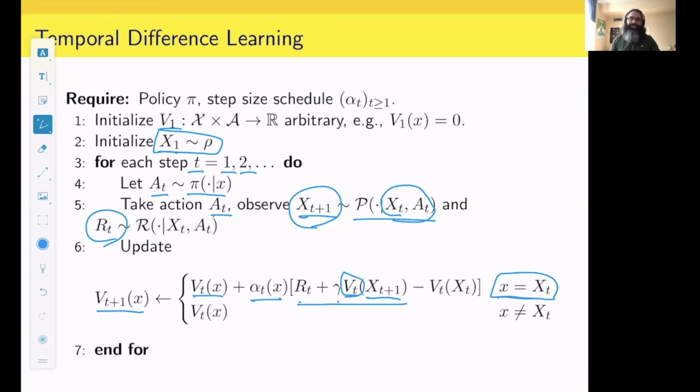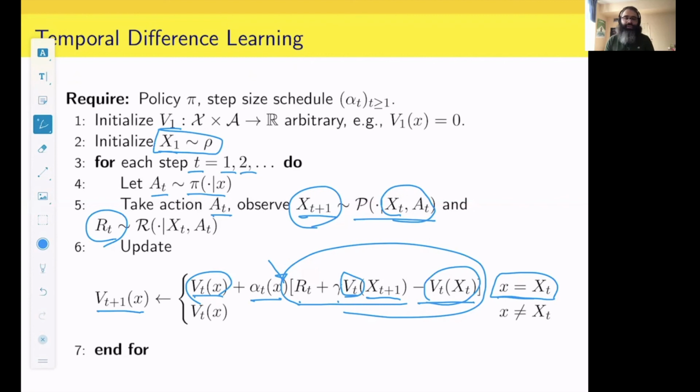This is basically the same as the empirical Bellman operator being applied to V_k. And then I subtract V_t(x_t) from it. This whole thing is multiplied by the learning rate alpha_t, which is for x_t, and then add V_t to it, and that would be V_{t+1}.